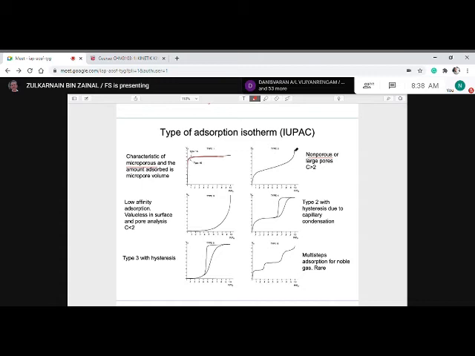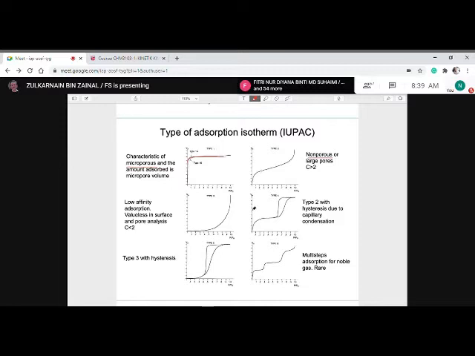And then the desorption will also occur on the same line. The same as the micropores. You can see that the adsorption and desorption lines actually overlap.